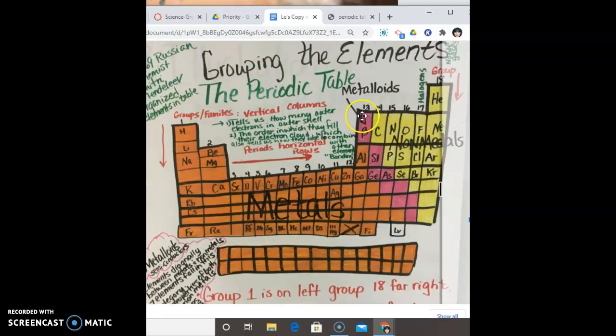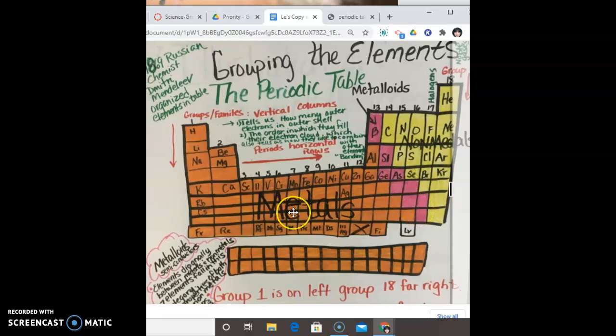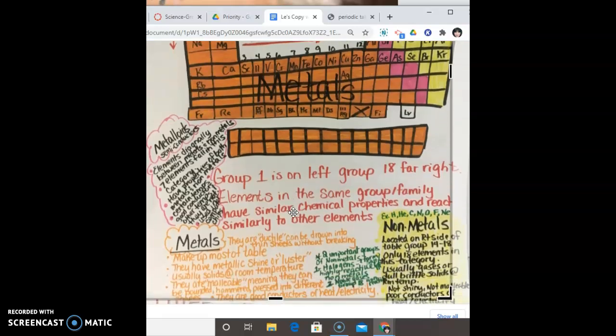And then we have this little staircase is what this is called. And these are ones that are special, and you've got to learn these too. These are called our metalloids, okay? And the metalloids are our semiconductors. And you do need to write this down, guys.